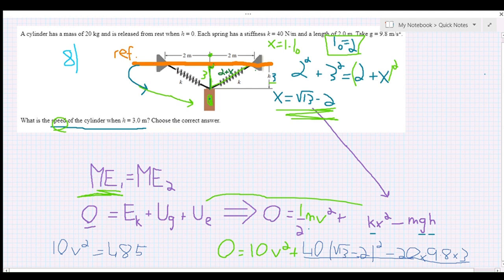Solving for v, we get that v is equal to 6.97 meters per second. And that is it.